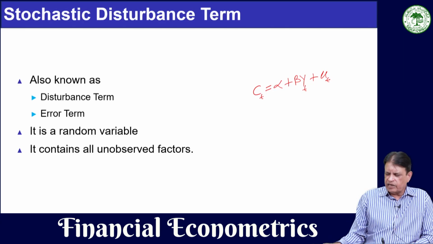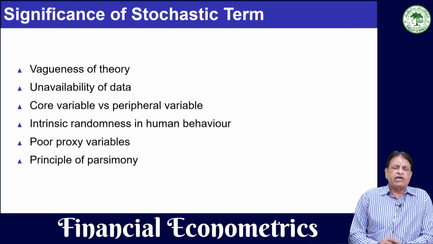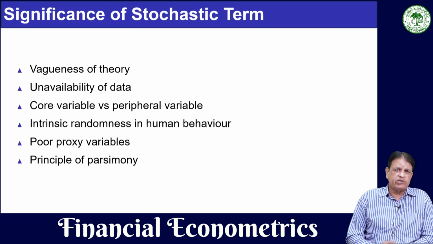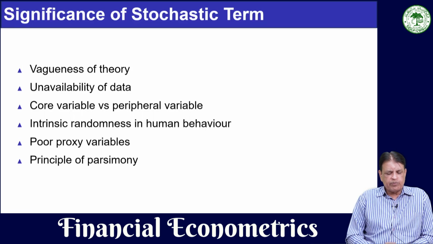Now this random variable is very important because it includes the influence of all other variables which are not included here, and it also considers any measurement error and specification error that we have committed. Besides that, it also follows the principle of parsimony. The principle of parsimony means that if for an observation there are several explanations, then we go by the simplest one.